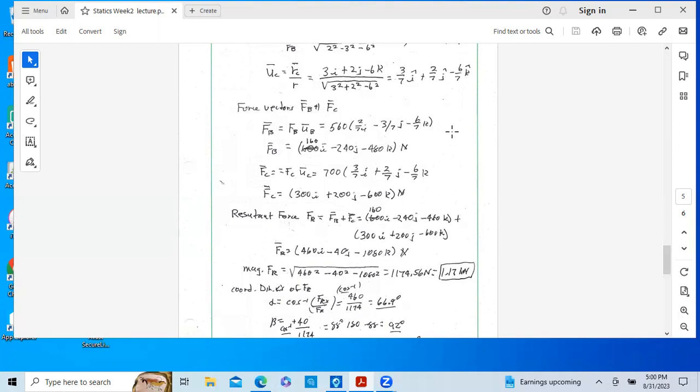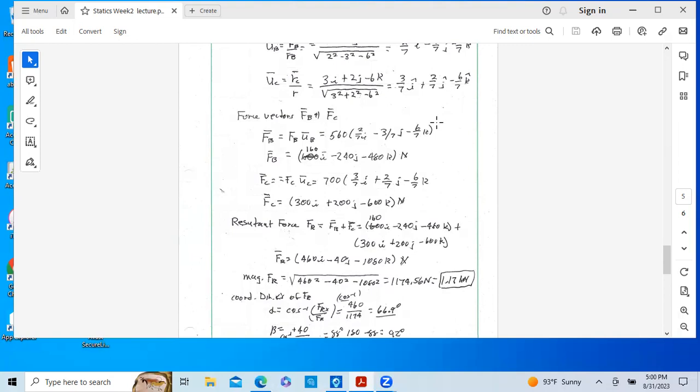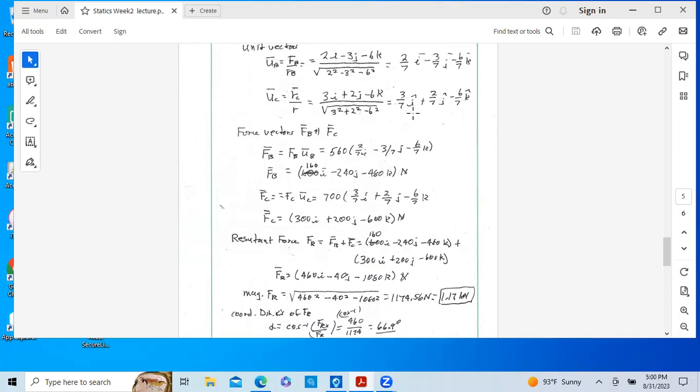We do the same thing for F sub C. The magnitude of F sub C is 700 times the unit vector for C. This is the unit vector for C. So it's 3/7 I plus 2/7 J minus 6/7 K, which is right here.